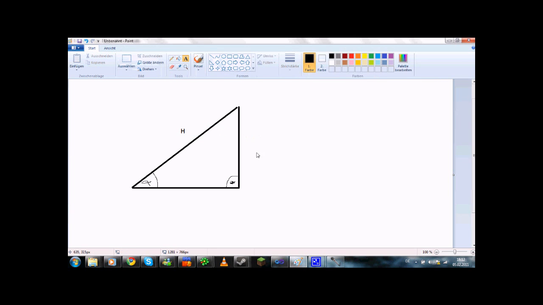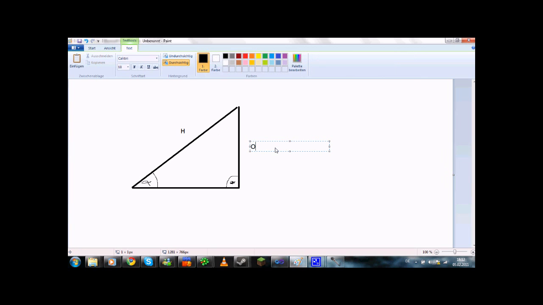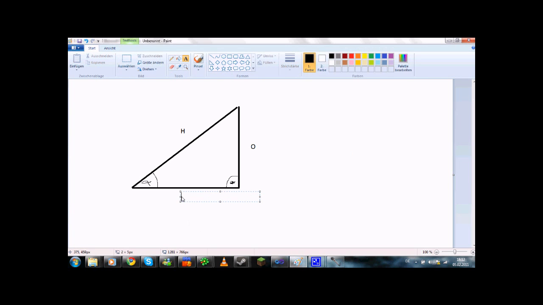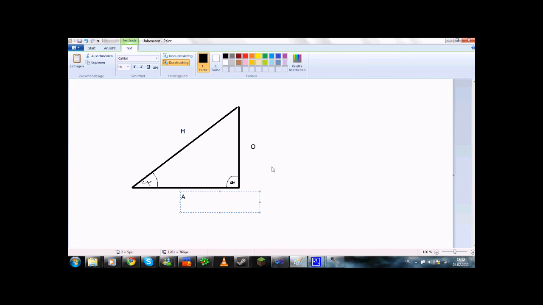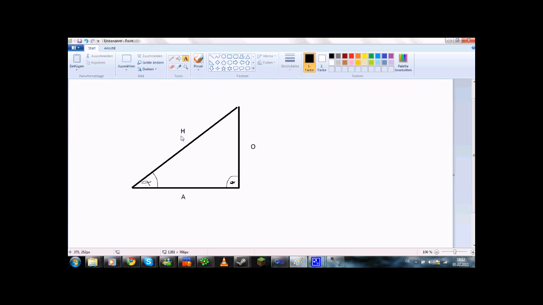This is the opposing side, so I will write O, and this is the adjacent side, so I will just write A. So if I know any of these sides, I can determine all the other values in the triangle. That's what trigonometry is all about. Alright, it's not that hard, so let's just dive right into it.